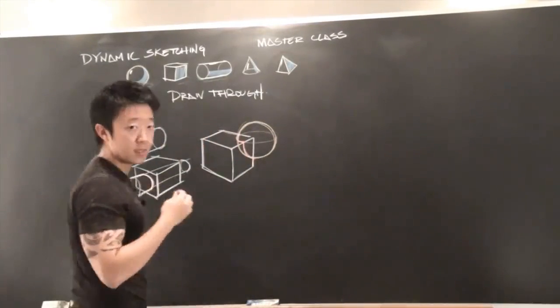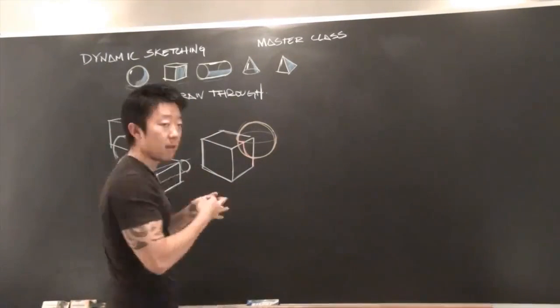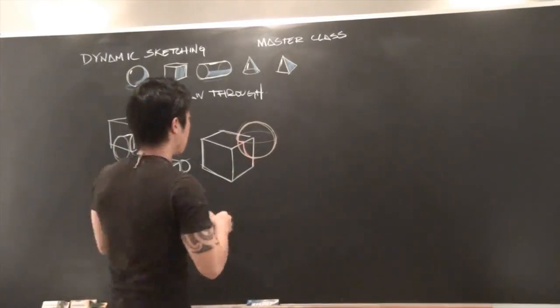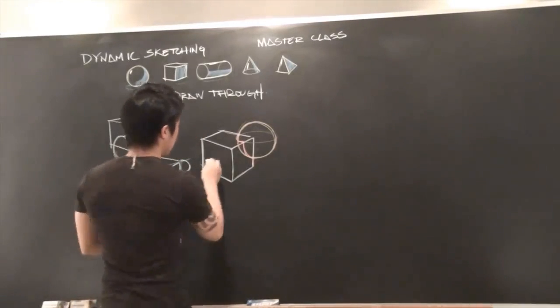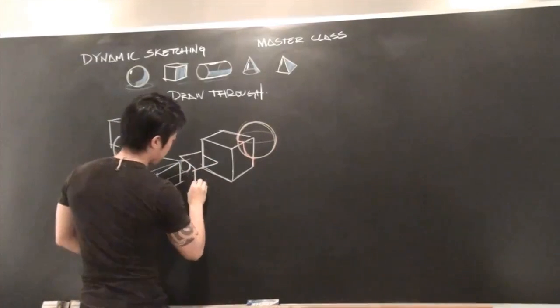I would highly suggest just take maybe 2 or 3 of the forms and learn to interlock those shapes together at first. And repeat those shapes over and over again. So I can take this cube and draw another cube on top.